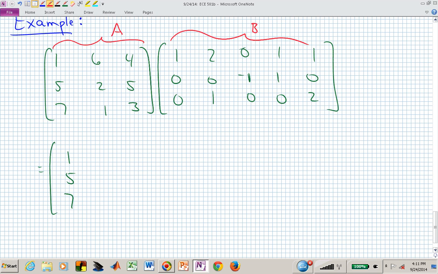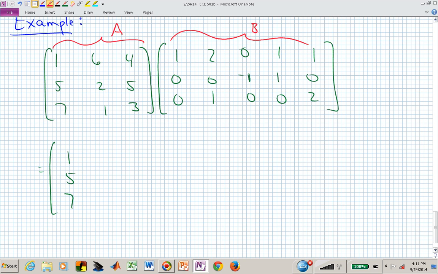The way that I was immediately able to write down the first column in the result is that I could see that the first column is really the result of taking 1 times the first column, 0 times the second, and 0 times the third.